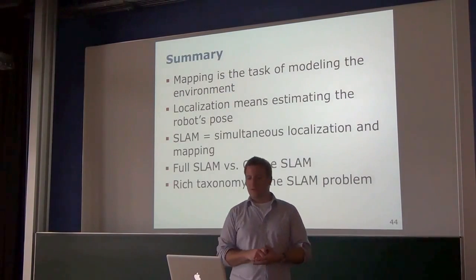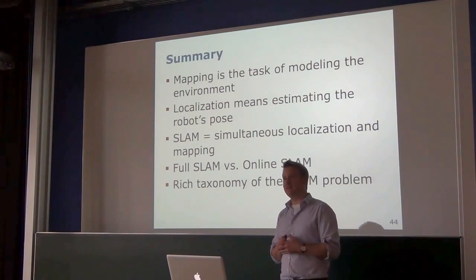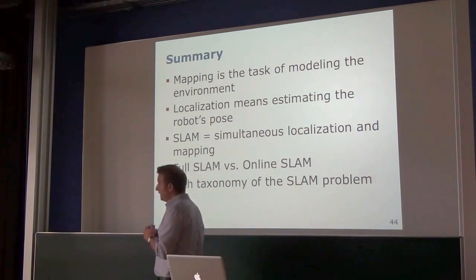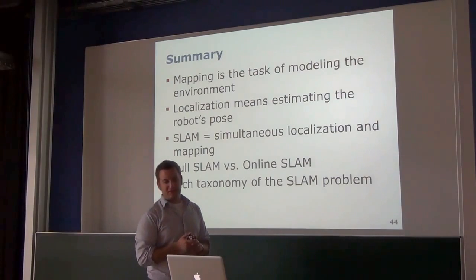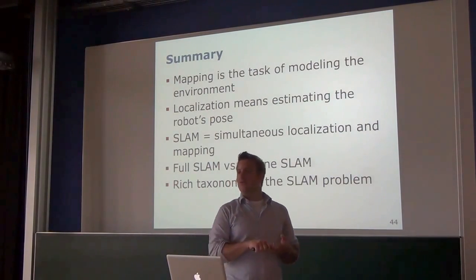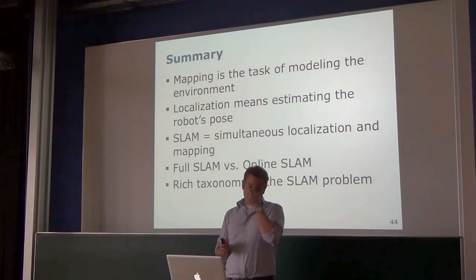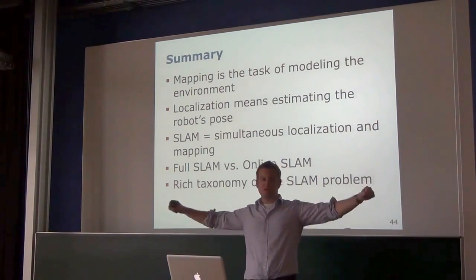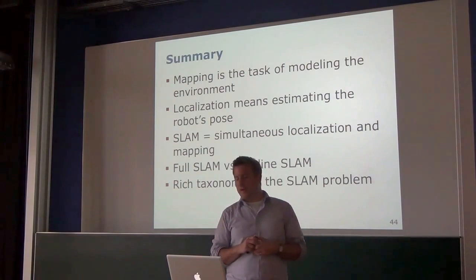Okay, so to sum up, mapping is the task of building a map of the environment. Localization is the task of estimating the robot's pose in this environment. SLAM means doing both things at the same time. We distinguished full SLAM versus online SLAM. In full SLAM, we are interested in estimating the whole trajectory of the robot given the data, and in online SLAM, only the last pose.